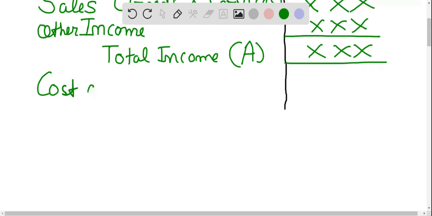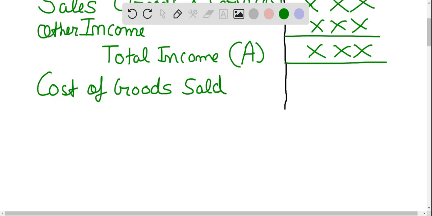The foremost expense, like we have sales, the first very important expense for us is cost of goods sold. So you can infer the meaning of cost of goods sold from its name, that it is the cost which is referring to the goods sold to the customer.